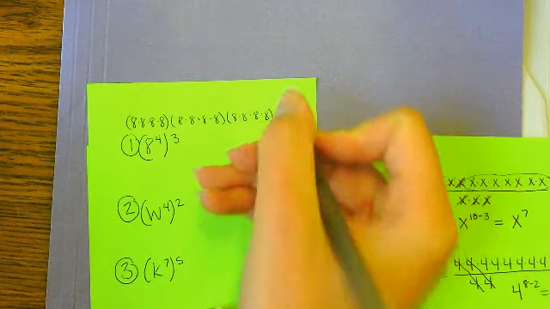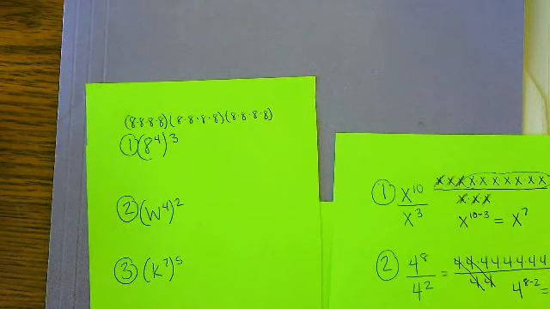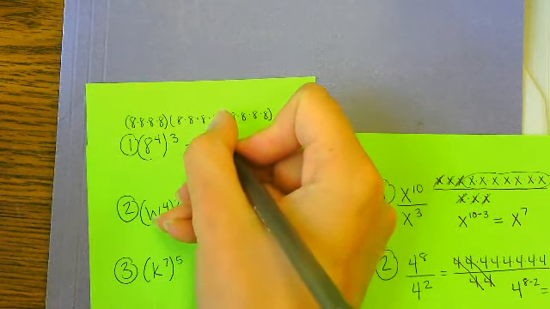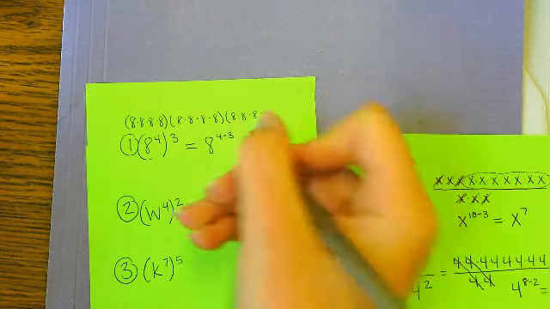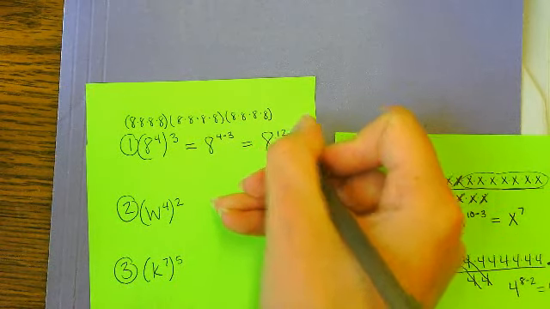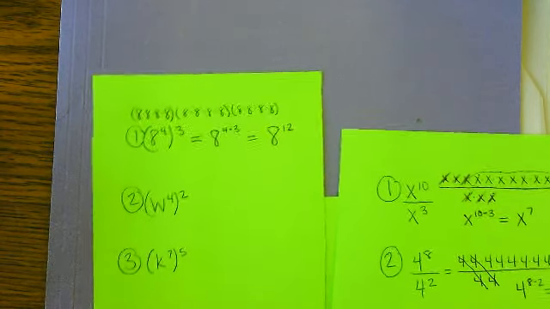And that means in all we have 12 as our exponent, because it's going to be 8 to the 12th power. And the rule says all you have to do is multiply your exponents together, and that's going to give you the new simplified exponent, 8 to the 12th power.